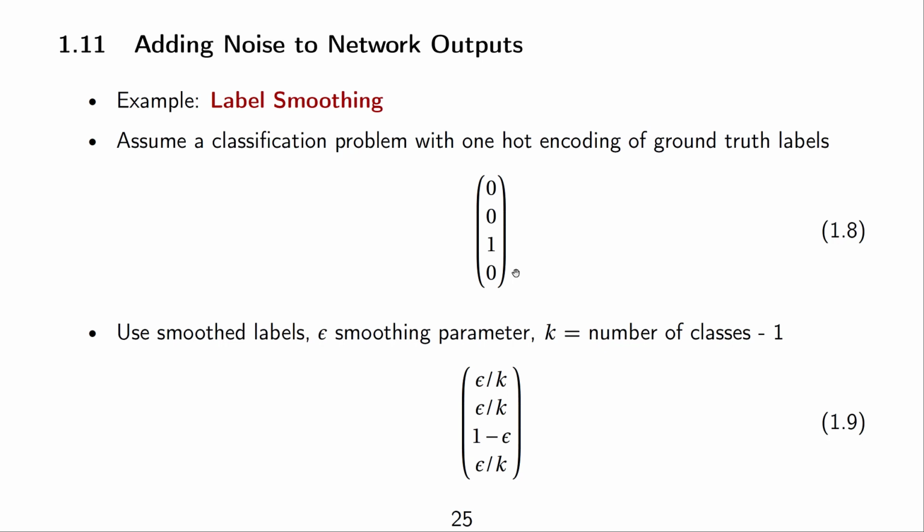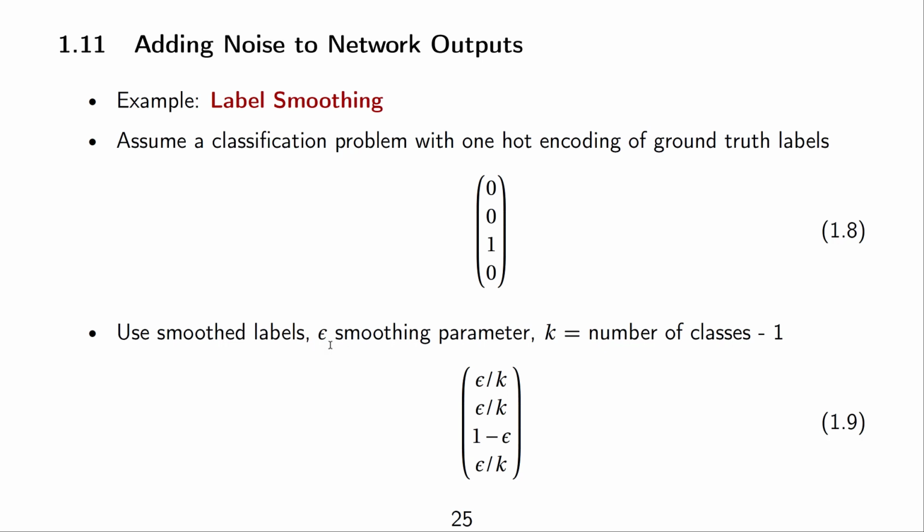So we'll give the network some less ambitious goal, or some smooth goal. This could also be justified with uncertainty. We're just not really so sure what the label is, so let's lower the probability a bit.